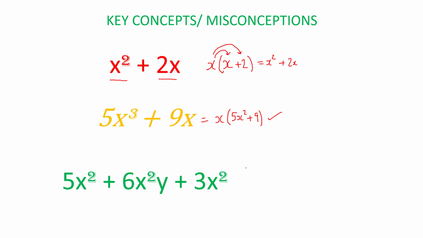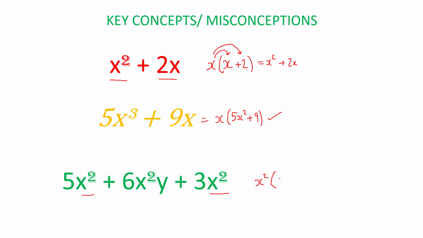Done. Now, you could get thrown off by a question like this. But the highest common factor here is still actually 1 for the numbers, but can you see the highest common factor of x squared is x squared? So we want to take the x squared outside the bracket. So how are we going to make the first term here, 5x squared?